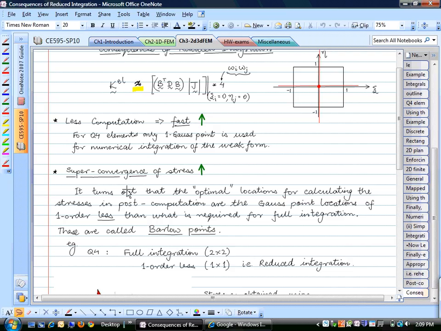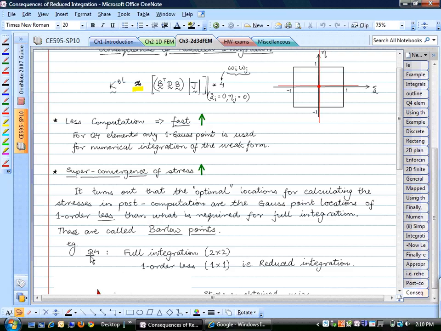But if you use these optimal locations, which are called Barlow points, which are one order less than the full integration, in this case that's the 1 cross 1, your order of convergence of stresses also goes up. It is actually of the order of h^(p+1), the same order as your displacement. This phenomenon, people have written papers about this and have proved this fact, and you can also observe this in your codes.